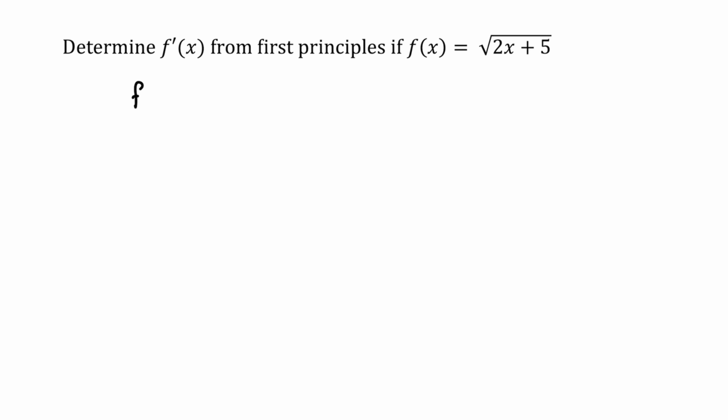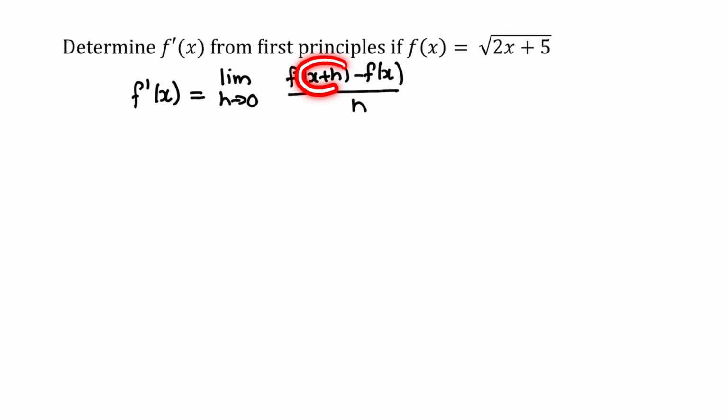To find the derivative from first principles, we'll use the equation: the limit of h towards 0 of f(x plus h) minus f(x), over h. So to find f(x plus h), I would substitute the x in my equation with x plus h, and I'll do that substitution in brackets.